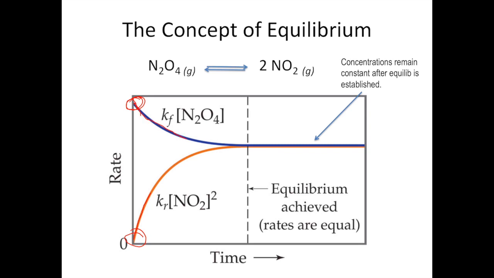So eventually, this starts slowing down because you've used a lot, and now there's not as much in there. And then the reverse starts slowing down because you've used a bunch of that, and now they get to a point where their rates are the same. And at that point, that's your equilibrium.